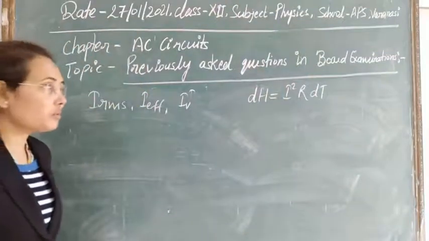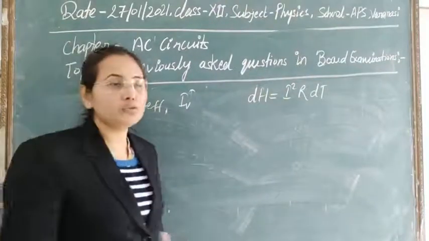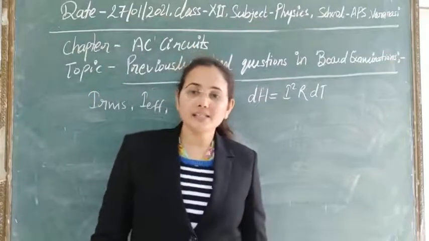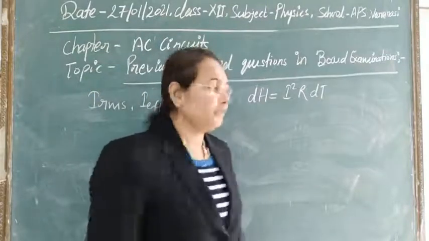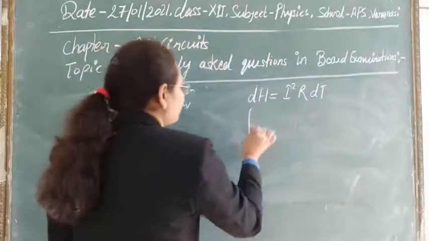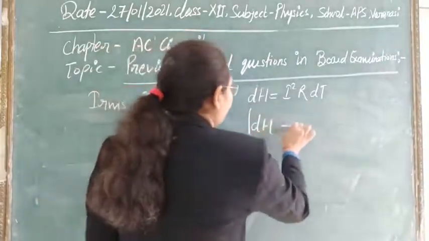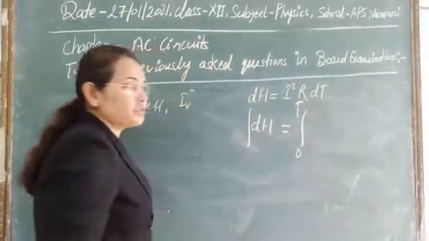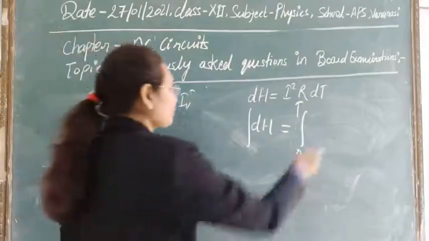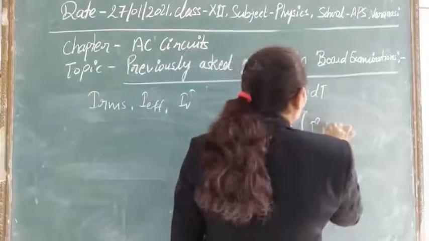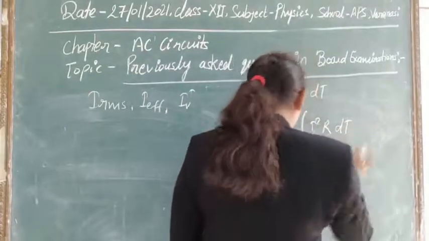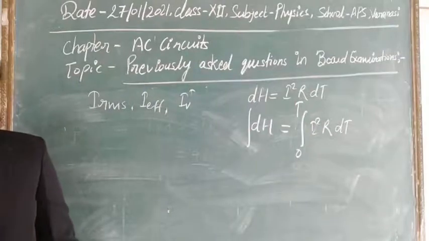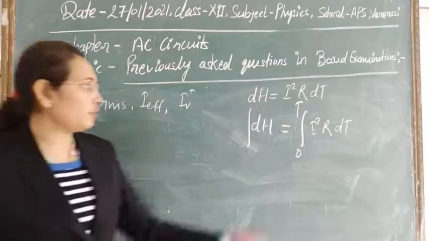Next, if we want to see how much heat is dissipated over the complete cycle, or how much energy is converted in the form of heat, then to calculate this we can integrate over the complete cycle, 0 to T. So over the complete cycle this will be I square R dt, and the value of I, you know, is I0 sin omega t.